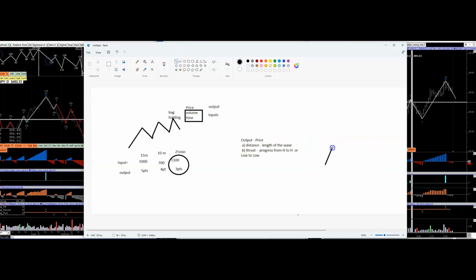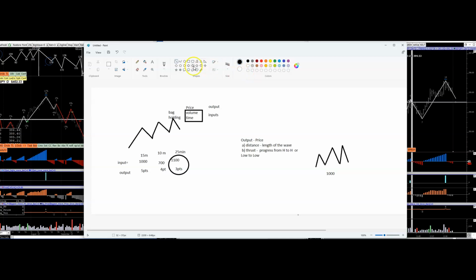All right, so you have this wave here, and let's just use 1,000 contracts. All right, now let's make another one here also.